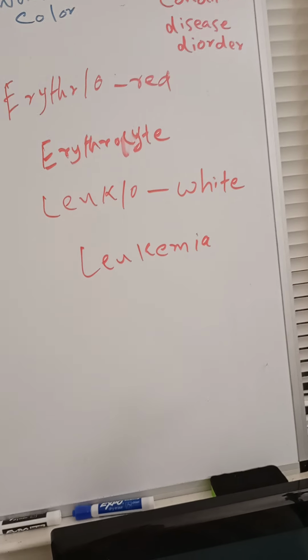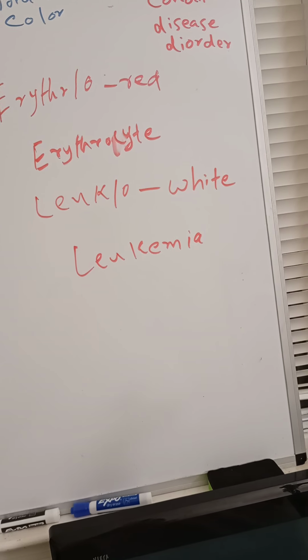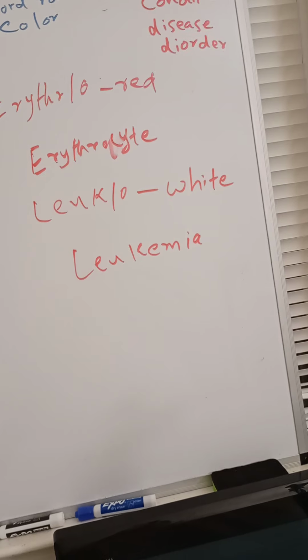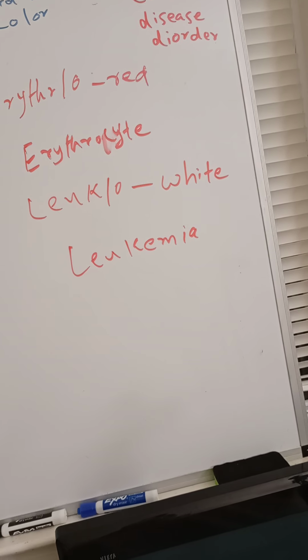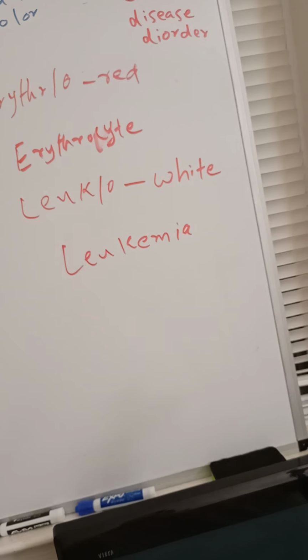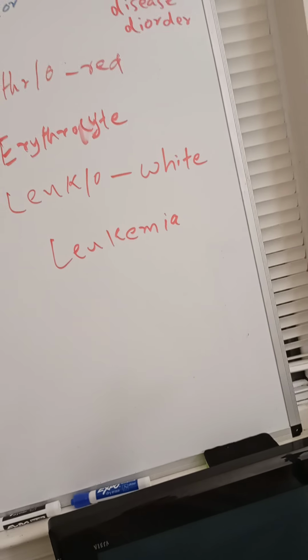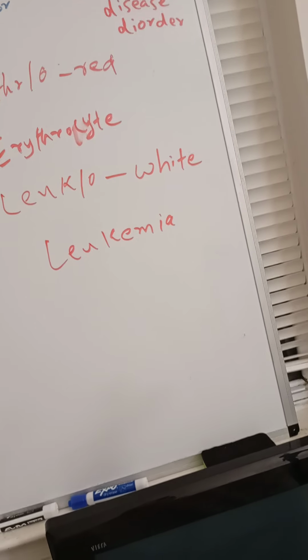So the blood condition is too much white. That refers to a large number of white blood cells in the blood, which is leading towards blood cancer, which is already a blood cancer. Leukemia means blood cancer.